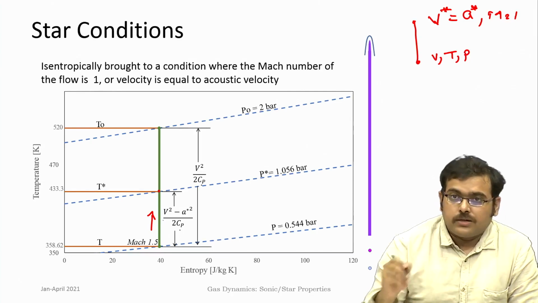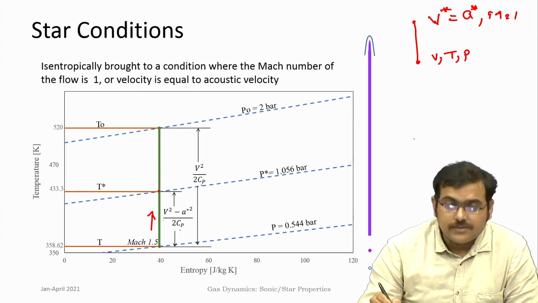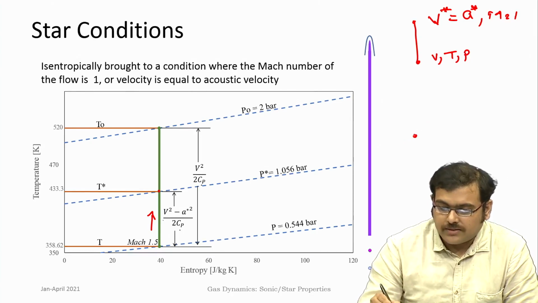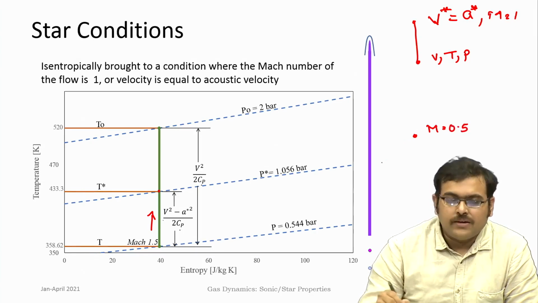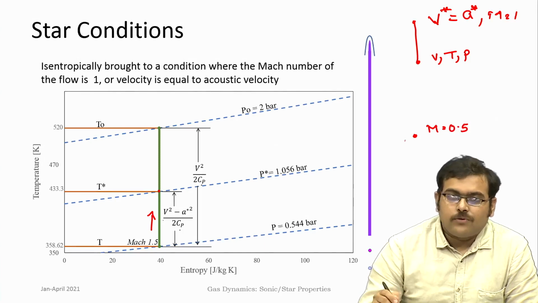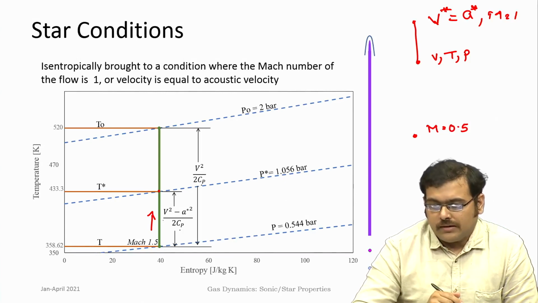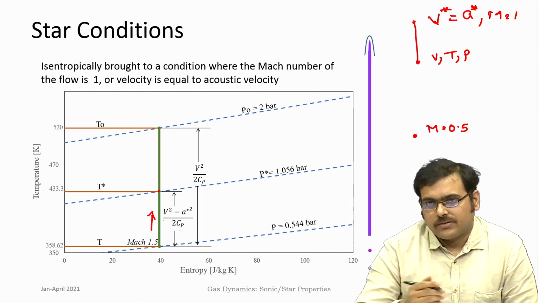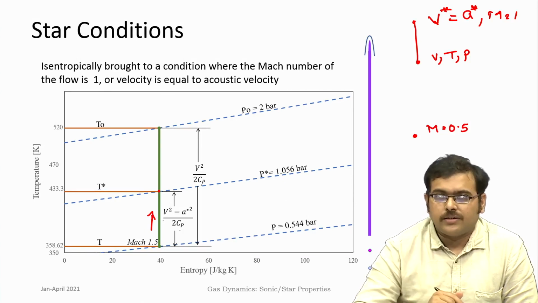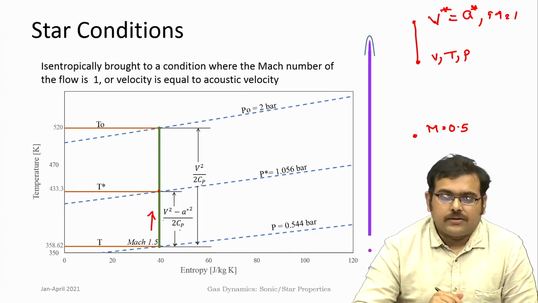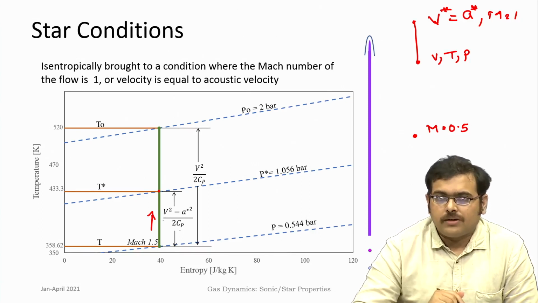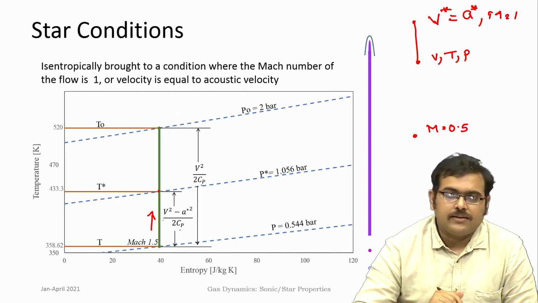But now if you consider that the flow is subsonic, for example, let us take Mach number as 0.5, then the flow will be accelerated to the sonic condition. If it has to get to the sonic condition, it will get accelerated. So it is quite different from the stagnation process in that sense.